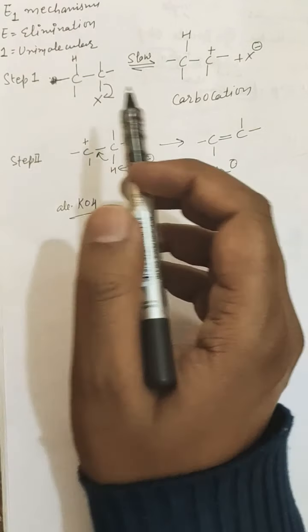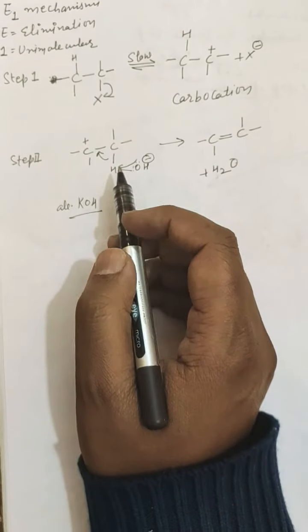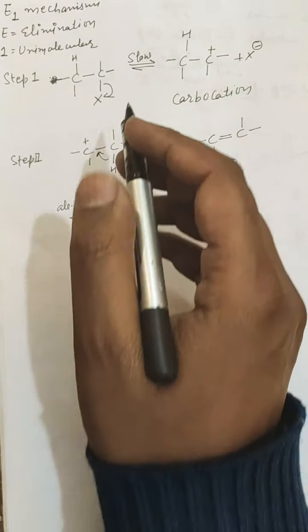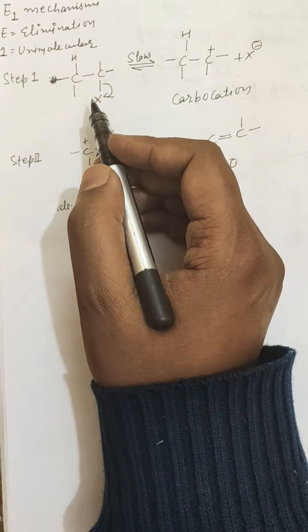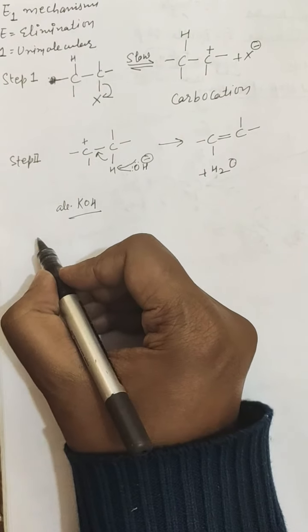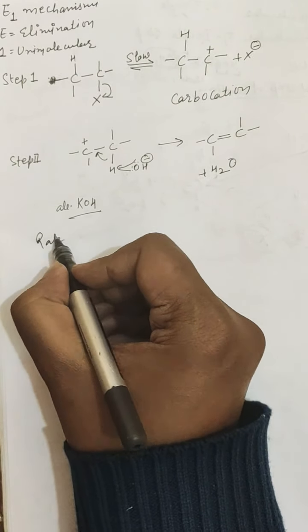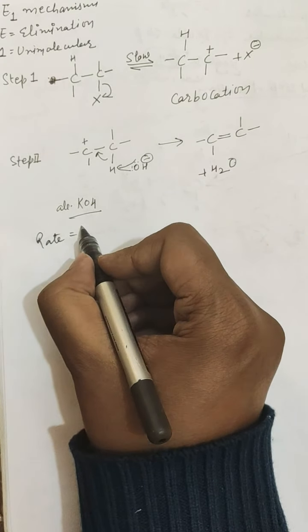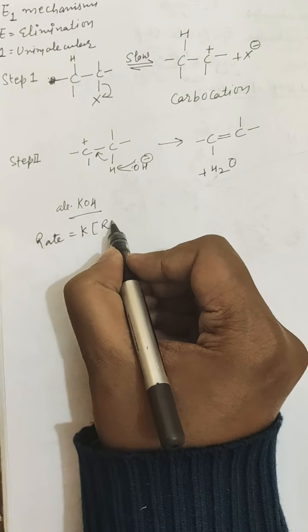Now, why is this called the E1 mechanism? This is called the E1 mechanism because the rate of the reaction depends upon the concentration of the substrate, or we can write rate is equal to R-X.